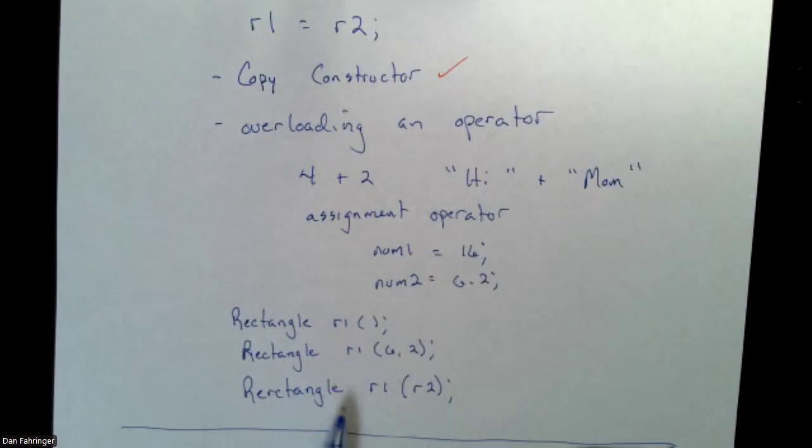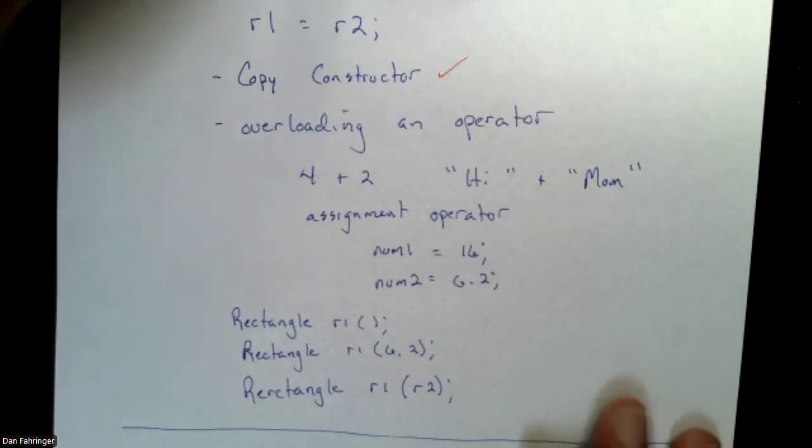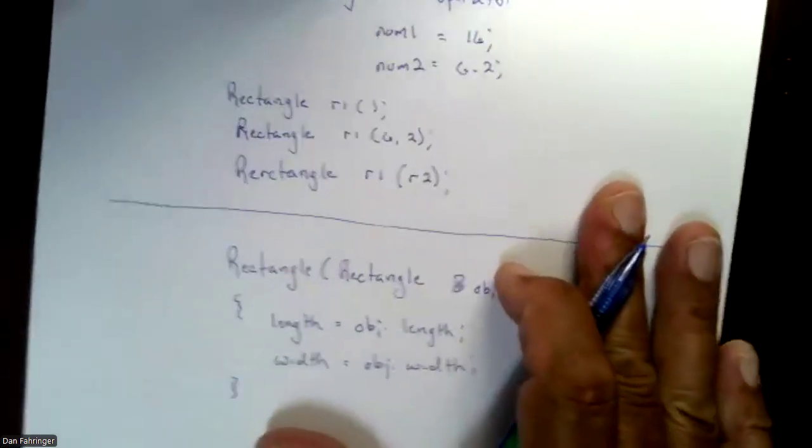Stepping through this, what is it I want to do? Copy constructor. When I send in R2, what is being passed over? An address. Excellent.